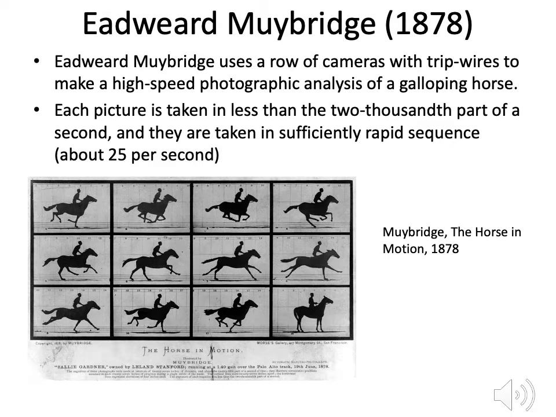There's always one foot on the ground. So this set of photographs was the deciding factor. It proved what Muybridge thought was true, that all four legs were off the ground at one point in the image.